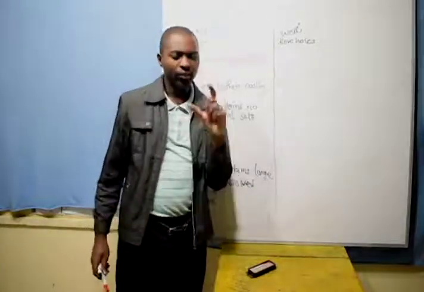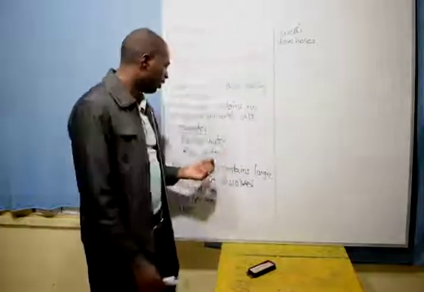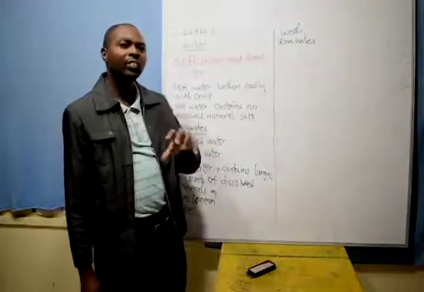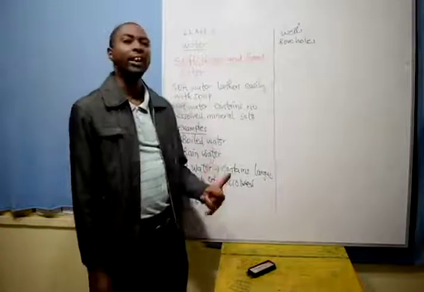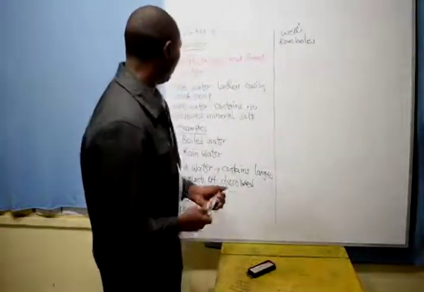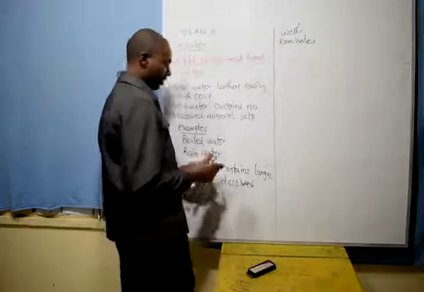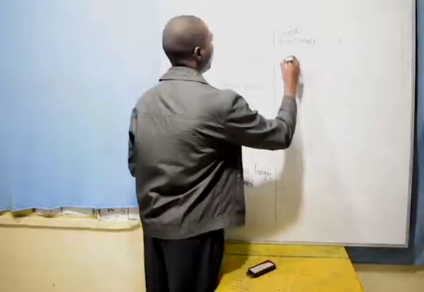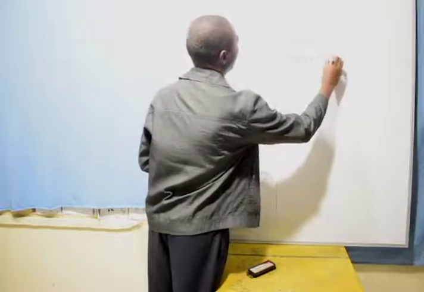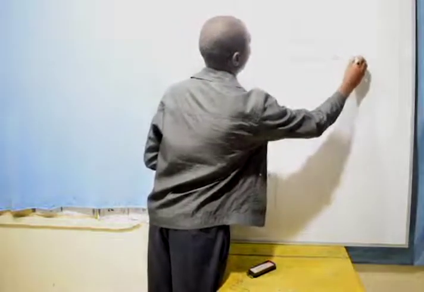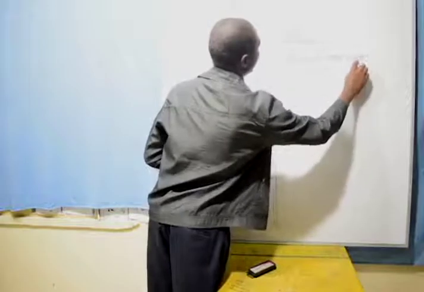We say rainwater is the soft water, although it may contain some dissolved gases and dust. But those ones do not have great impact on soap. Now, what are the effects of hard water? Or what is the problem in hard water?